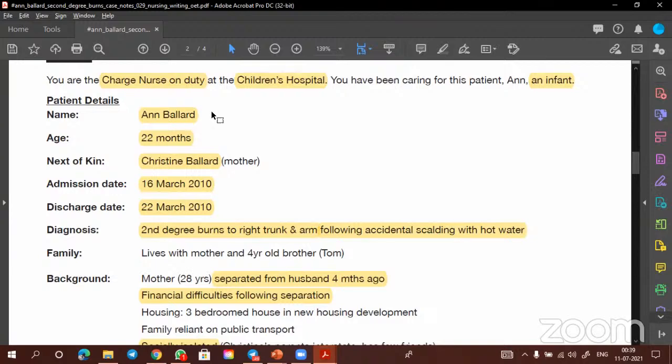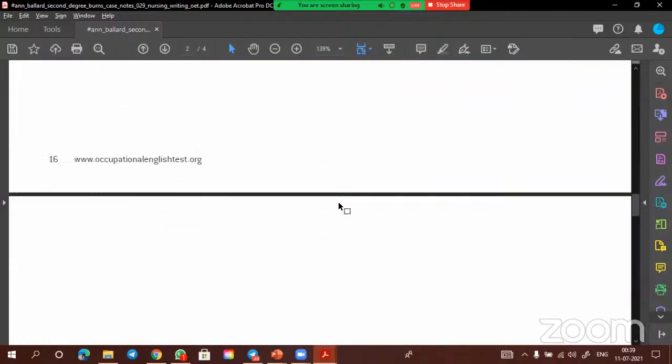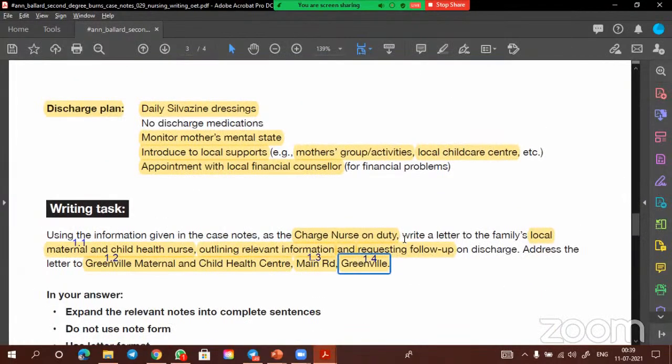At the time of discharge you are writing. But at the same time, discharged, but you are writing a letter to the family's local maternal and child health nurse for follow-up. And you are going to give the information also. Remember that.